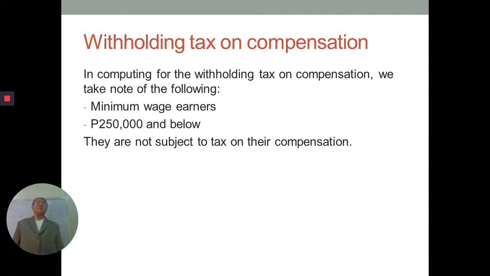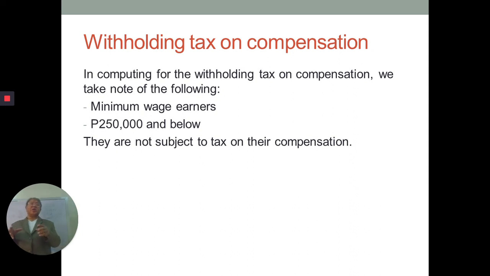Now, when you speak of minimum wage earners, the amount of minimum wage would depend on the location of the employment or the employer. If we're talking of employers or companies situated in Metro Manila or NCR, I guess the minimum daily wage is 537.